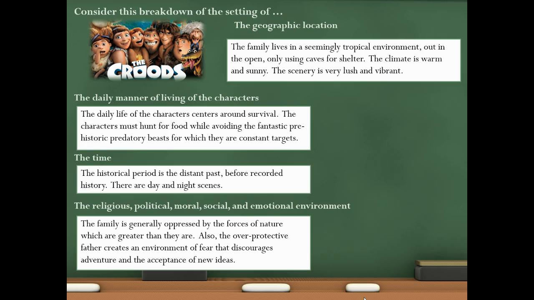So that is more of an emotional environment and more of a social environment. So when you're looking at the settings of the stories that we have read or that we will be reading, take these four aspects of setting into consideration.